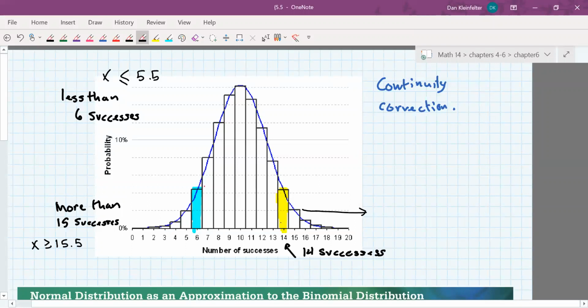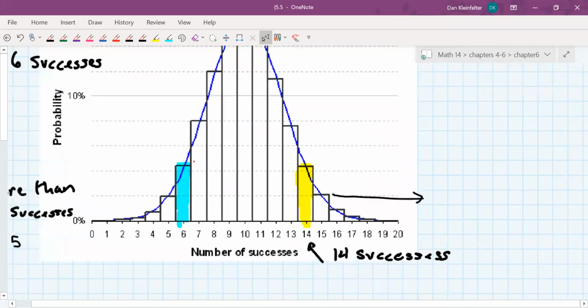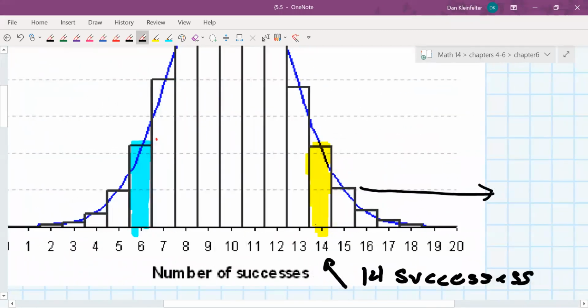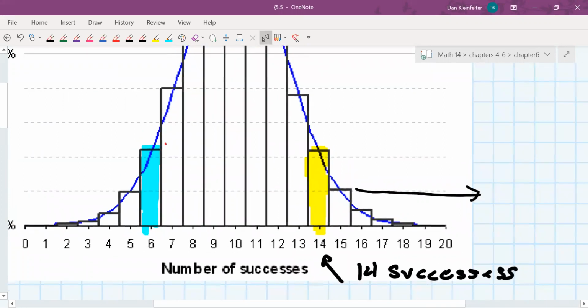If we wanted exactly 14 successes, you want to take a look at the bar here and think about what's going to get rounded to 14. Numbers that get rounded to 14 would be the numbers between 13 and a half and 14 and a half.